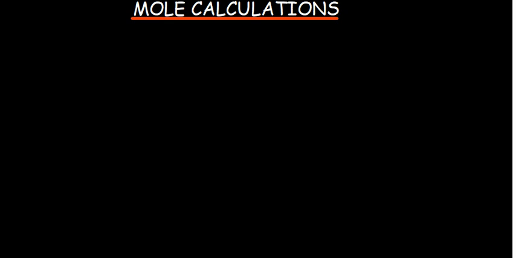So how do you calculate number of moles? Number of moles is given by mass divided by the molar mass. For example, when you want to find the number of moles of oxygen gas, the first thing you need to know is what the formula for oxygen gas is. Oxygen should always exist with a 2 because it's a diatomic gas.